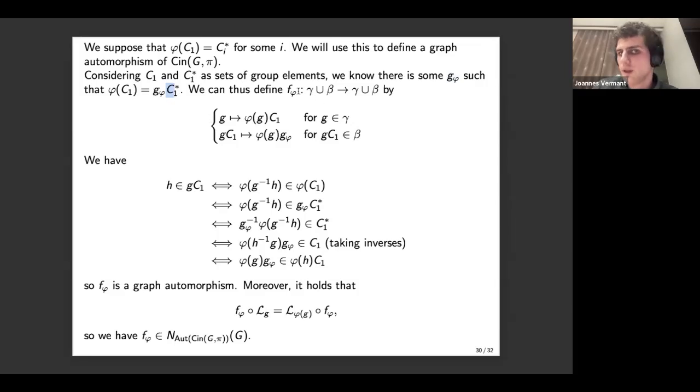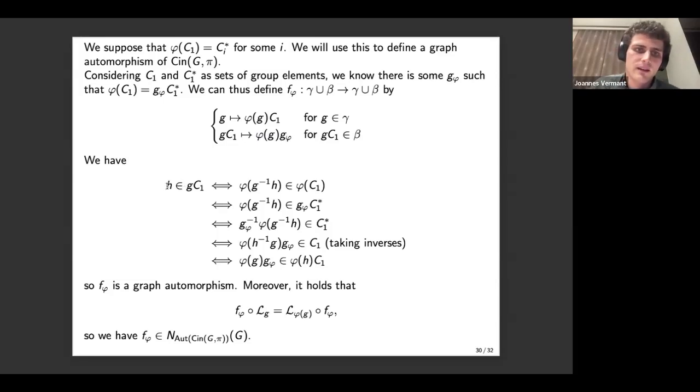Then we can use this group element to define an automorphism of the Cayley incidence graph. On elements in gamma, it's defined by taking G to phi of G times C1. Elements in beta are given by G times C1 for some G, and it's defined by taking G of C1 to phi of G times G phi.